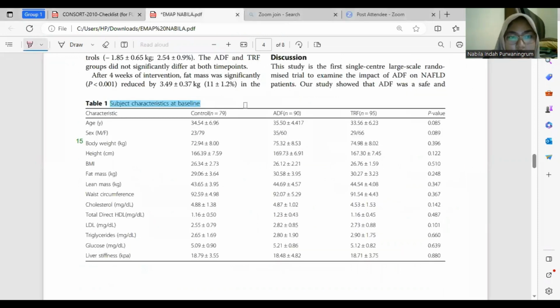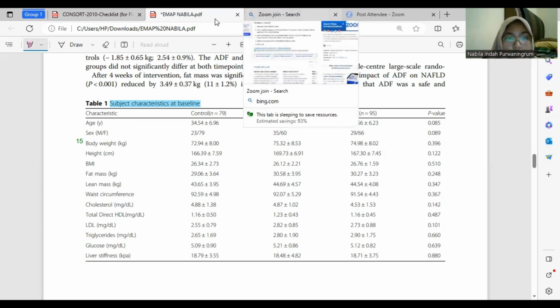This is the table of baseline characteristics that is mentioned: age, sex, body weight, height, BMI, etc. And that is being assessed by group, that is control group, ADF group, and TRF group, and the mean value itself. So this is the characteristics at the baseline.